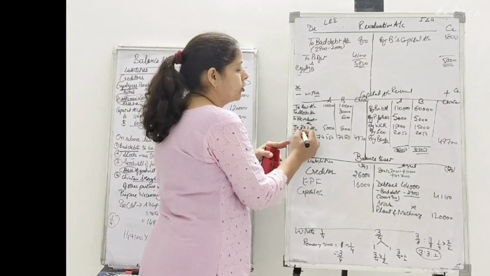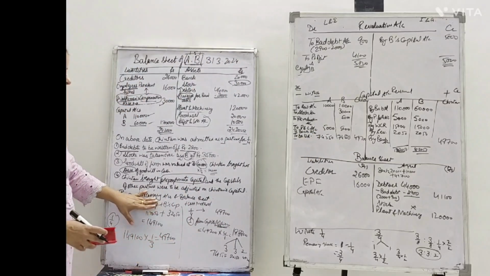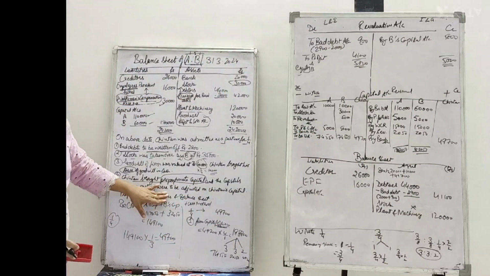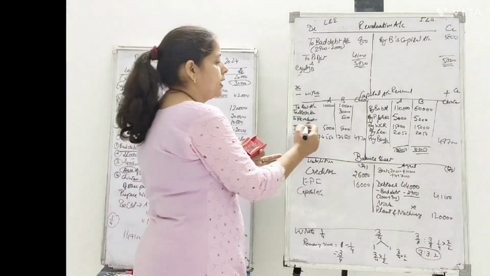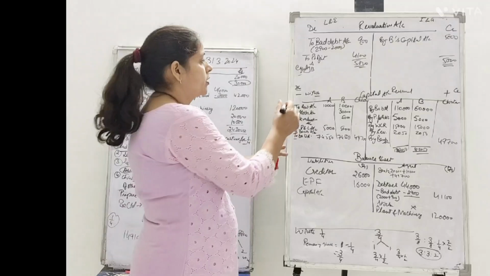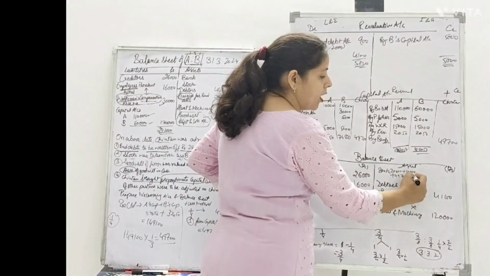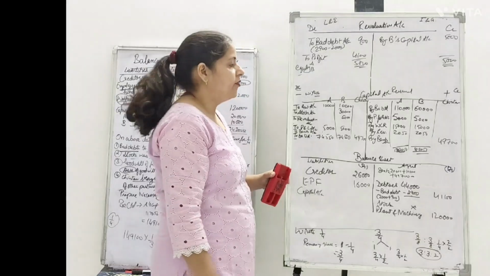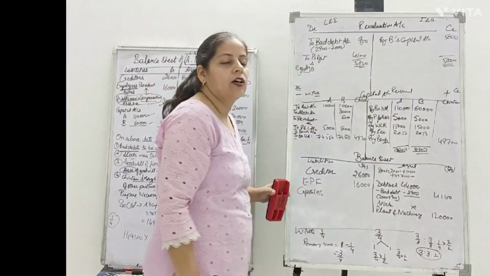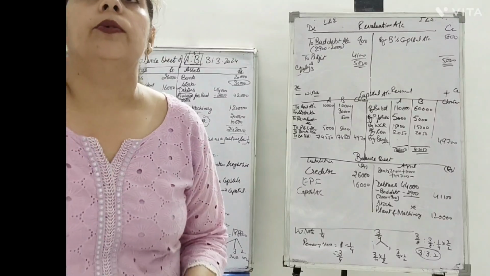In the question it is silent. What is to be done with the difference? Nothing is mentioned in the question. So the difference, if it is on the debit side of your account, would be withdrawn by the partner. If it is on the credit side of the account, it should be added to the bank account.